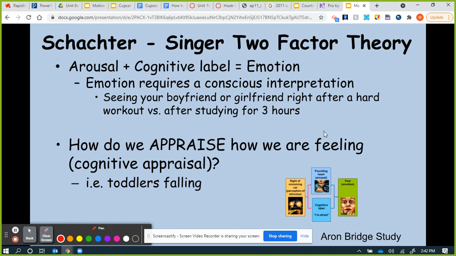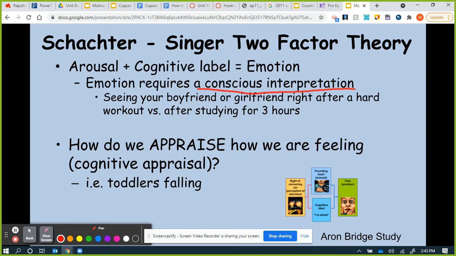A cognitive label is our interpretation of the physiological change. Basically, how do we understand the physiological change that we are experiencing? When our heart is pounding, what is the label that we put onto that? And then from that label, we get the emotion.